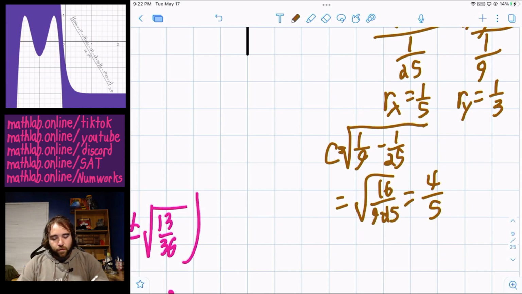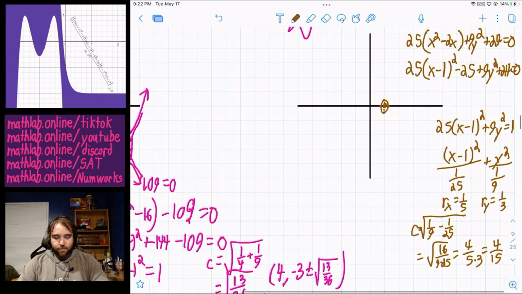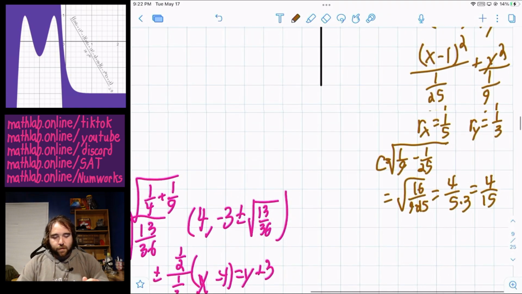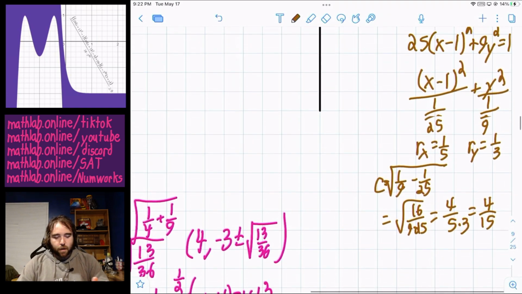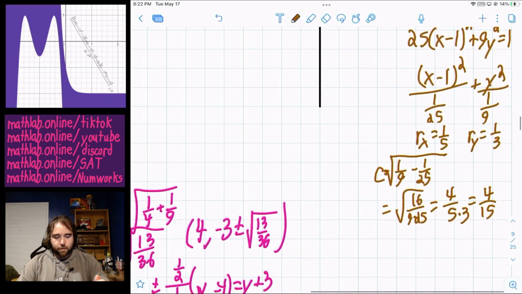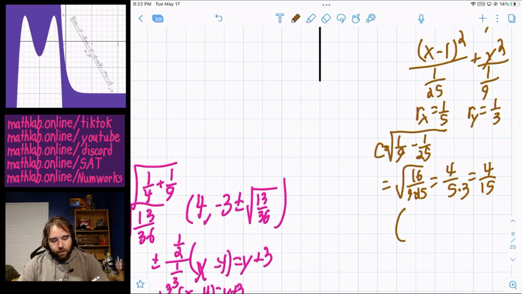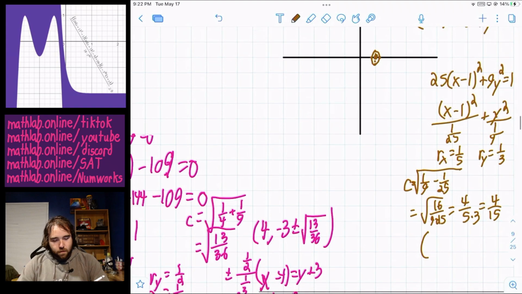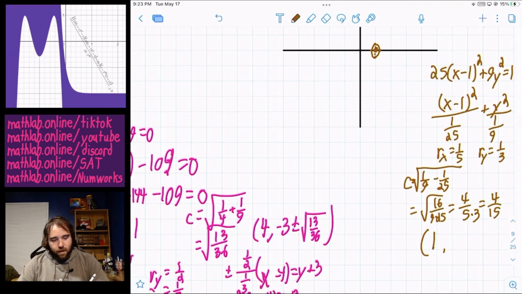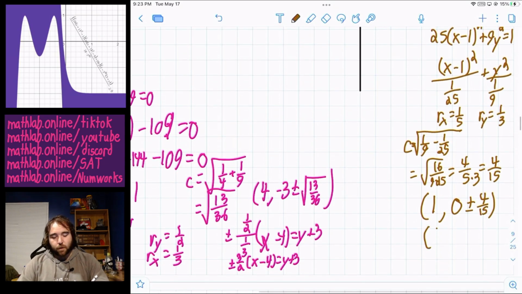So then when we square root, it's going to be 4/15. Okay. So then what? They're up and down because 1/3 is bigger than 1/5. So our foci are 1, 0 plus or minus 4/15. So that's just 1, plus or minus 4/15.